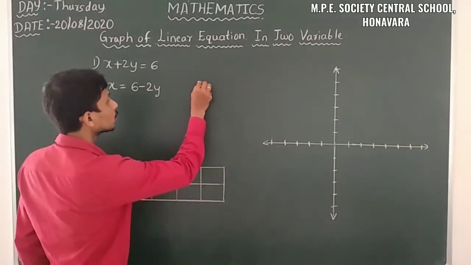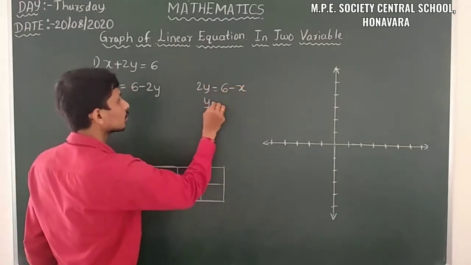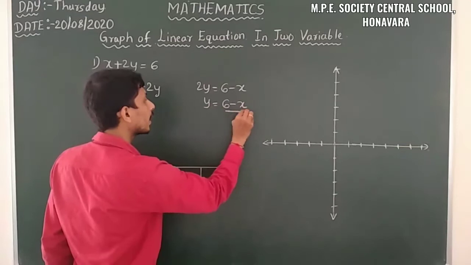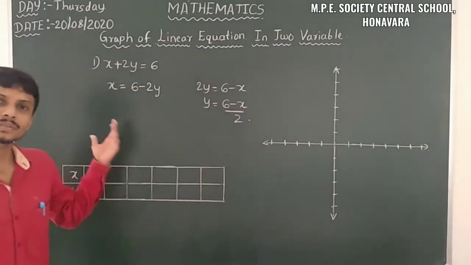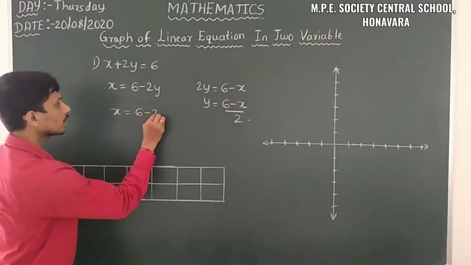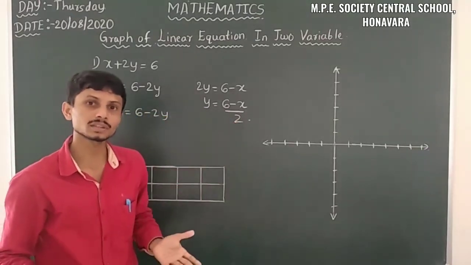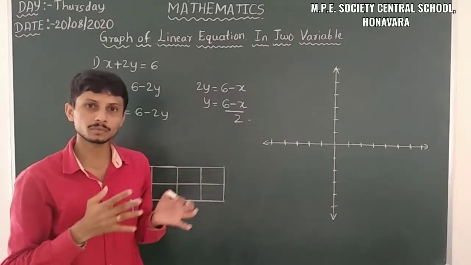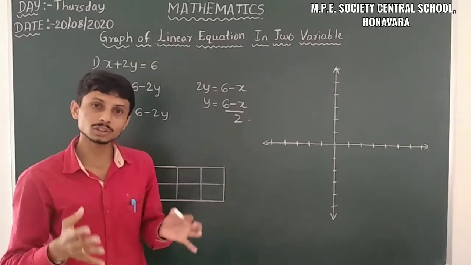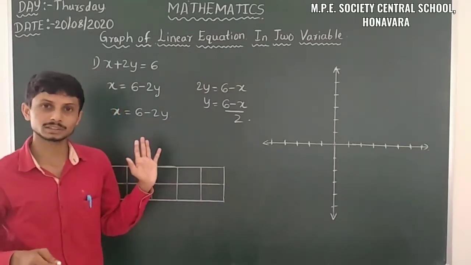Then 2y is equal to 6 minus x, then y is equal to (6 minus x) by 2 here. You can take both the equations: one is x is equal to 6 minus 2y and the other is y is equal to (6 minus x) by 2. You can take both equations for the betterment of your problems. Which one is better, you have to opt.